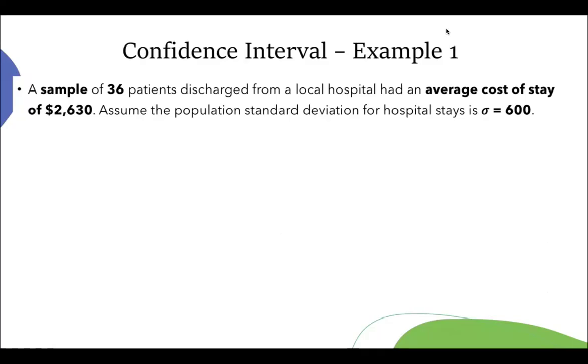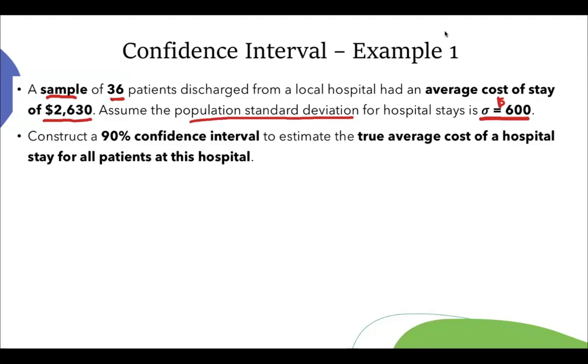So we're going to start with a sample of 36 patients discharged from a local hospital, and the average of that sample is $2,630. We're also provided with a population standard deviation for hospital stays, and it's 600 dollars.